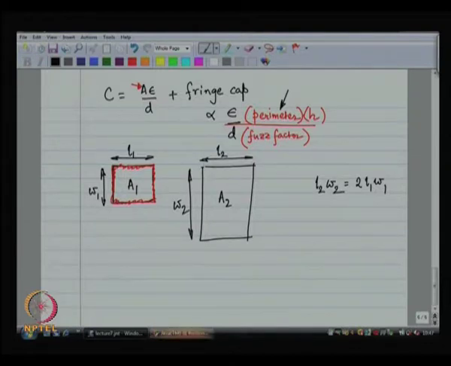There also needs to be a perimeter relationship, which basically tells you that twice of L2 plus W2 is equal to twice of L1 plus W1. So, you have got two equations, two unknowns, you can solve for L2 and W2. There is a unique answer, okay, to do this.